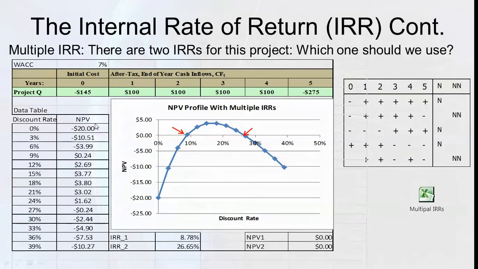Okay, so let's look at this example, and here in this case, I'm just doing a different project Q. So it's not the same project we were working on. It is just a different project Q, and this project has non-conventional cash flows. Okay, so what does that mean? Non-conventional cash flow means in time zero you have positive, and then all cash flows.